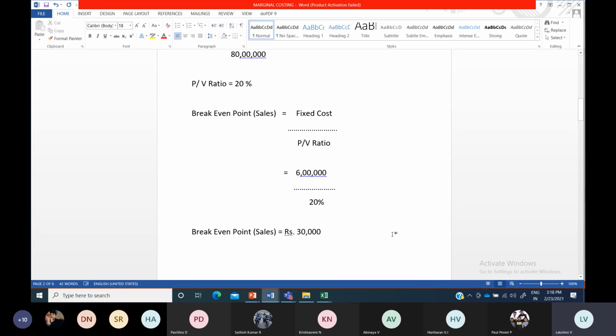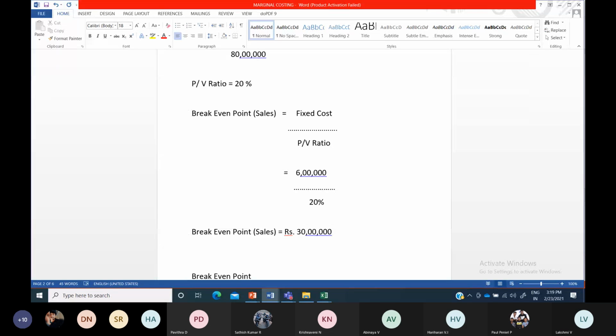So 6 lakh divided by 0.2, put it. Ma'am, putting 0.2 gives 30 lakhs, ma'am. Yes, 20% means 20 divided by 100, so it will come as 0.2. So 6 lakh divided by 0.2 gives a clear 30 lakh.